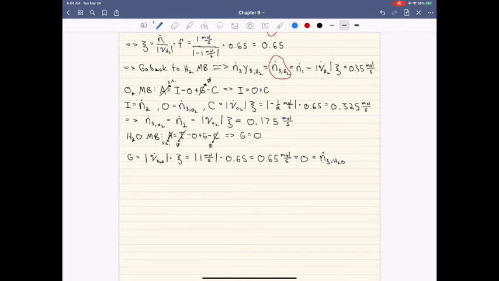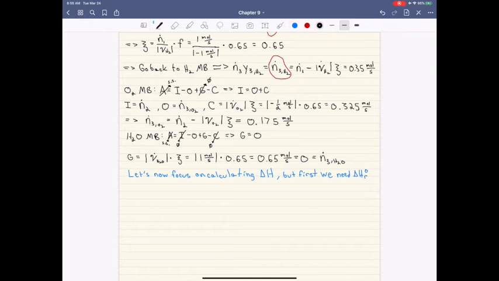What I'm going to write out here is, let's now focus on calculating the change of enthalpy of our system. But in order to do that, first we need to figure out what the enthalpy of reaction is for this reaction, and specifically the one at the standard state.